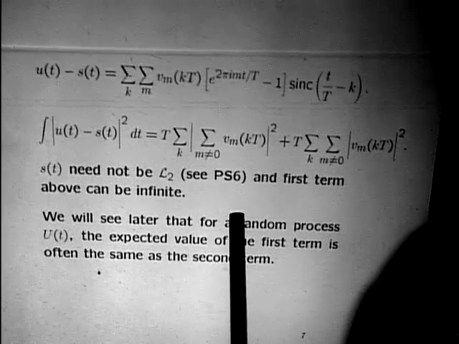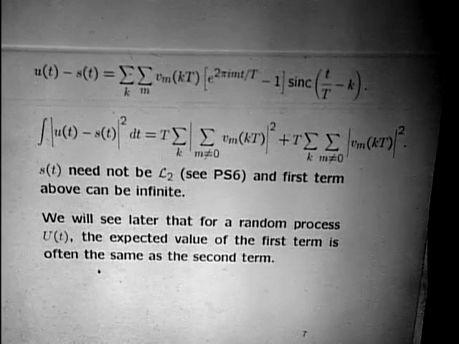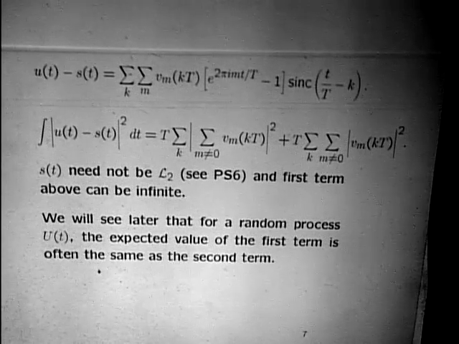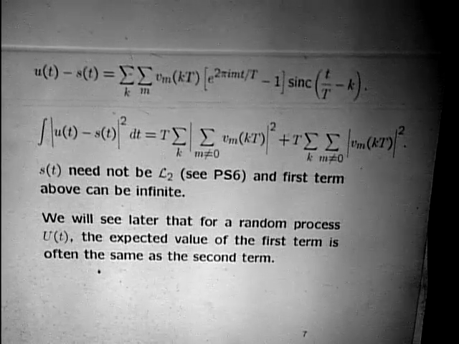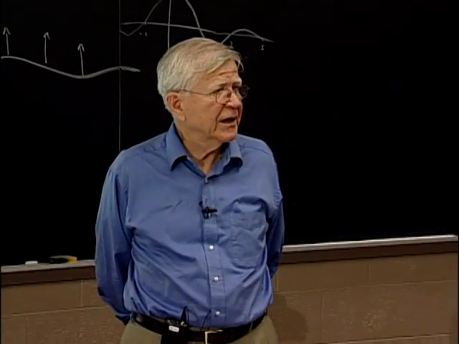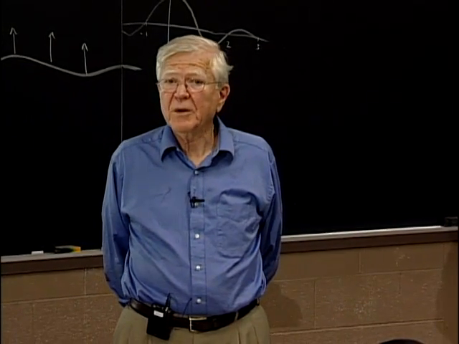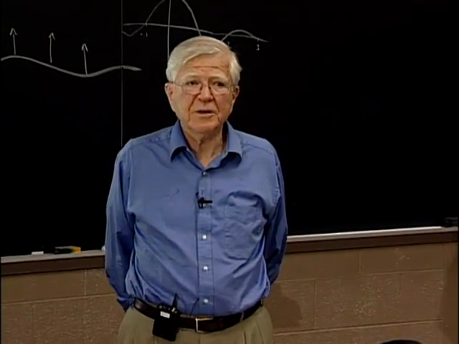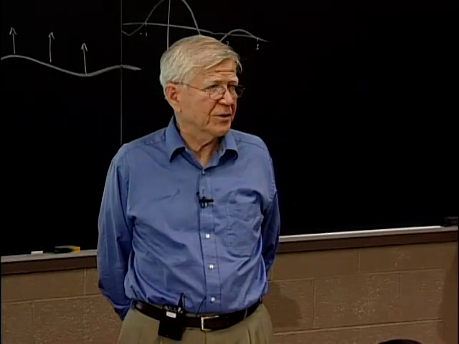Okay, so now the question is, should you filter first, or should you just sample and say to hell with it? Well, if you think about why you want to sample and use digital signal processing, what you're trying to do is to avoid building very complex analog filters.